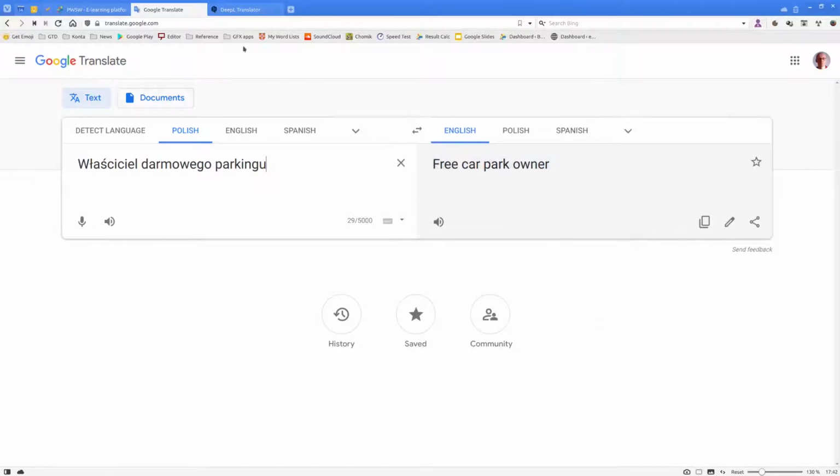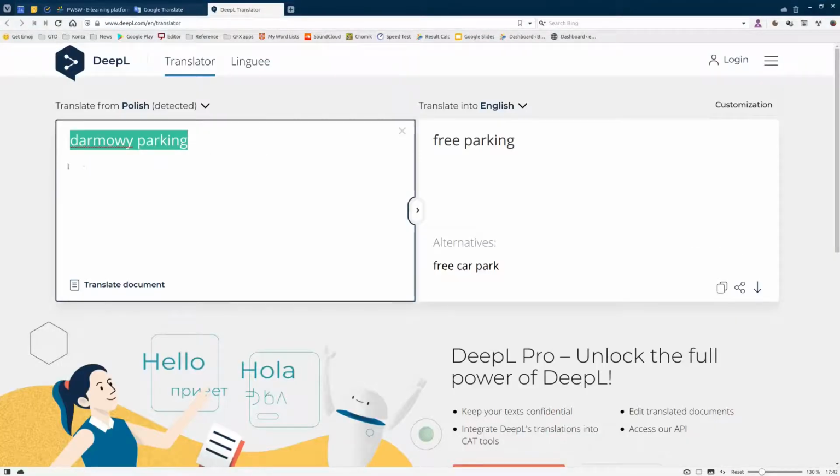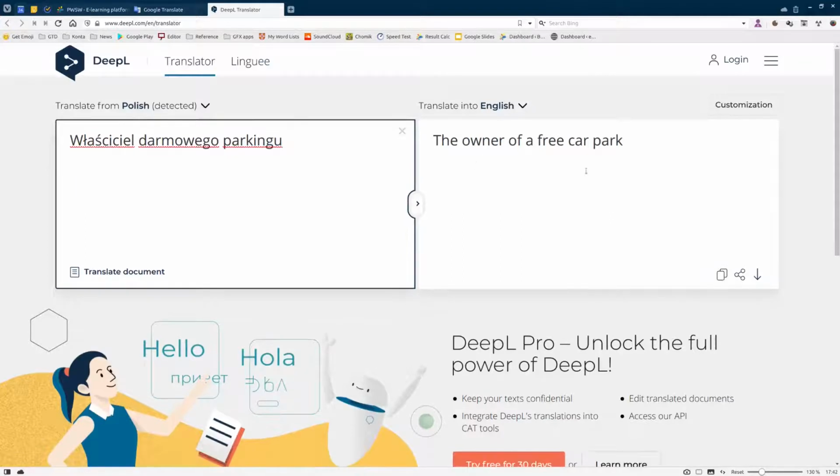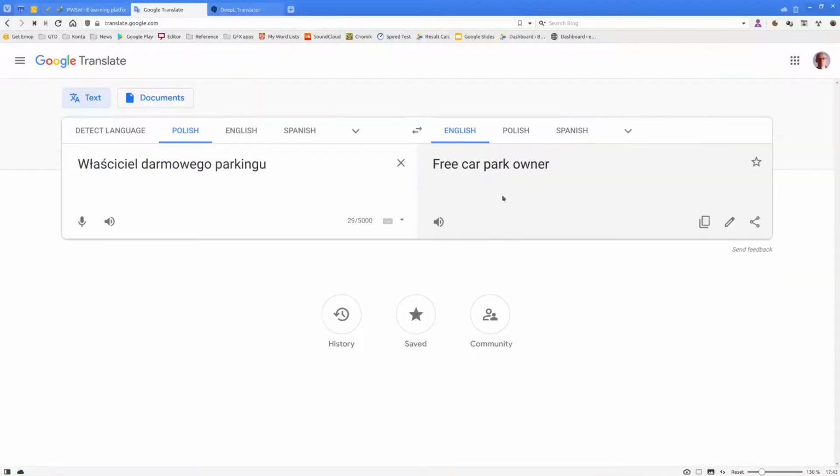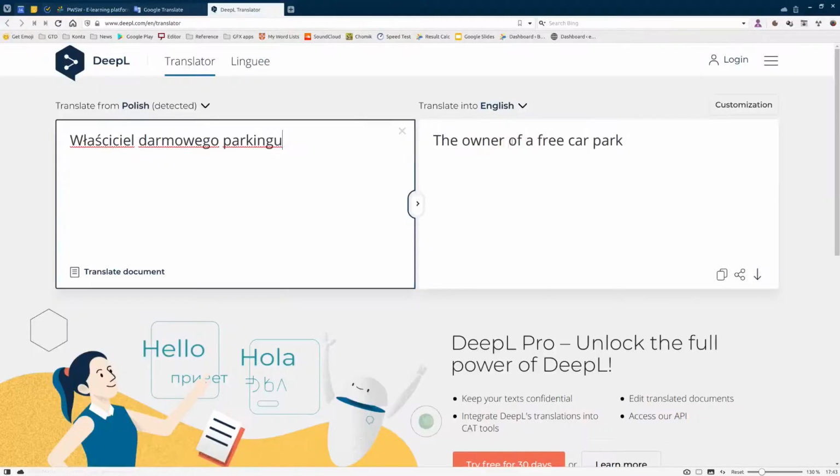Free car park owner. The owner of a free car park. So now darmowy parking is free car park, right?